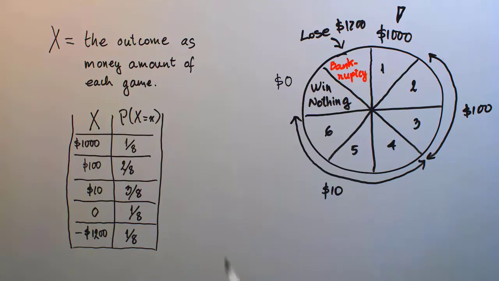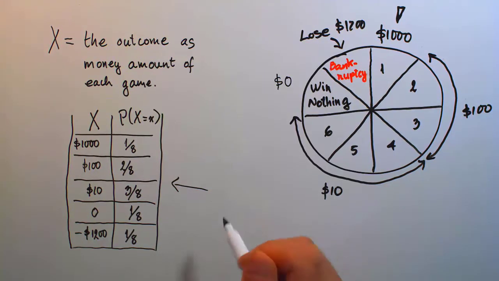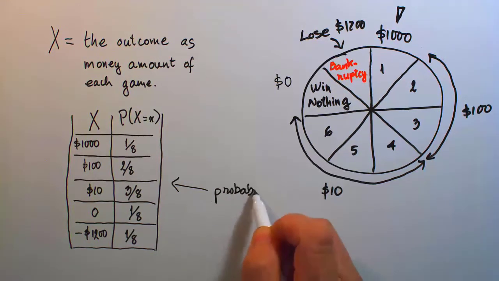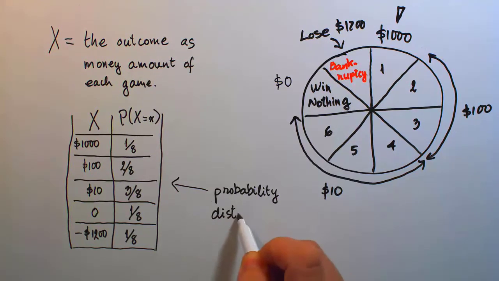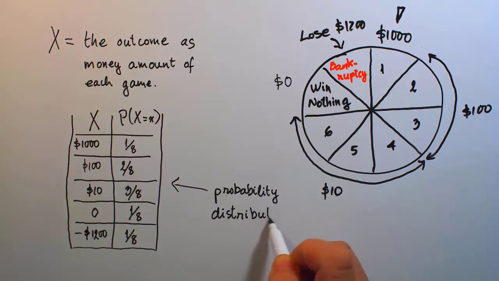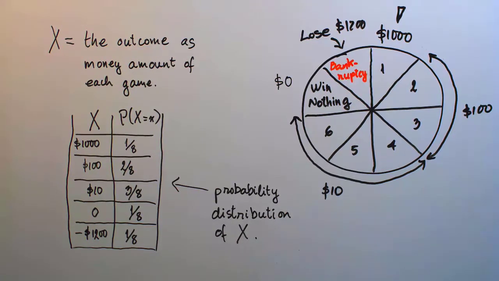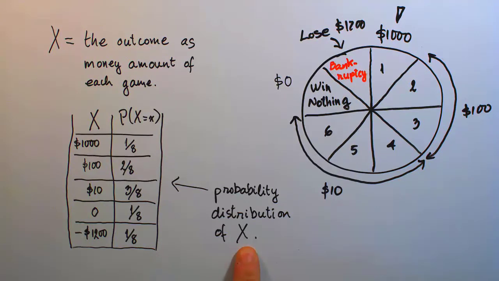And of course, this table that we constructed in our example was also referred to as the probability distribution of our random variable X. As a reminder, anytime we are working with a random variable, we have to have a probability distribution that comes along.